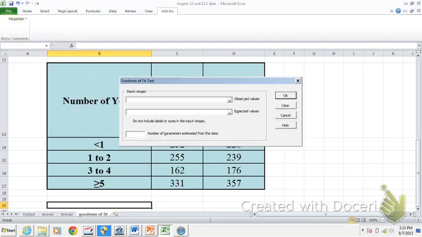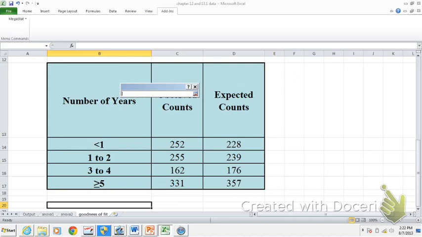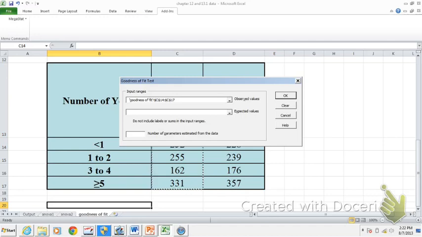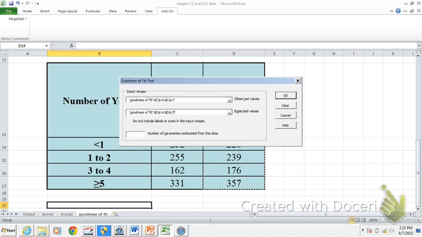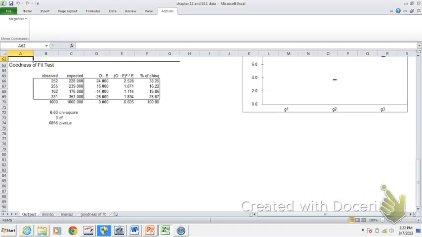And it makes it pretty obvious: observed values, so we're going to highlight the observed values. And then it says expected values, so we're going to highlight the expected values. Counts, leave this one blank, and hit OK. Now I'm going to see if it'll let me zoom in on here.